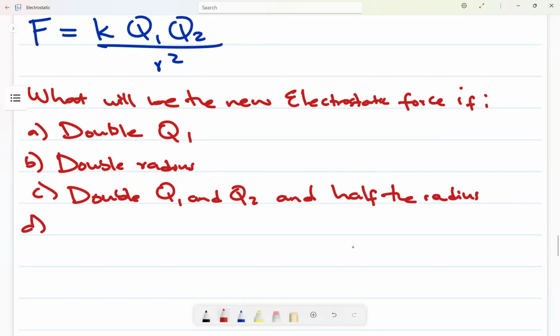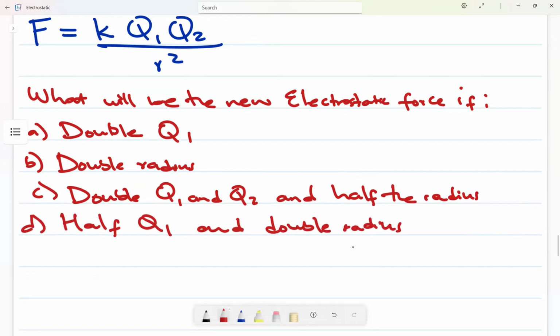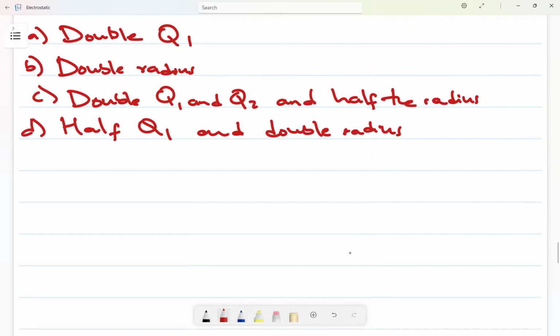Number D, half Q1 and double the radius or distance.